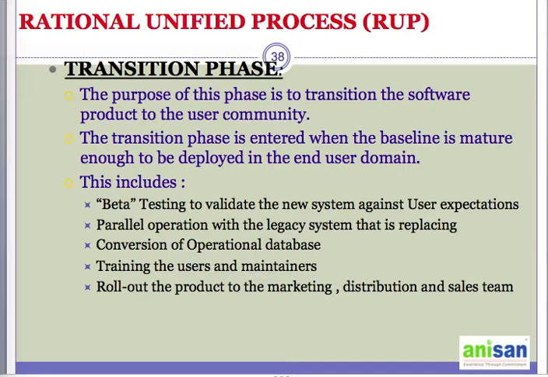The purpose of this phase is to transition the software or the solution into the user community, so that users start using it. Once the product has been given to the end user, issues usually arise that will require you to develop new releases, correct some problems, and finish some features that you have postponed. So you try to reach the end goal as soon as possible.